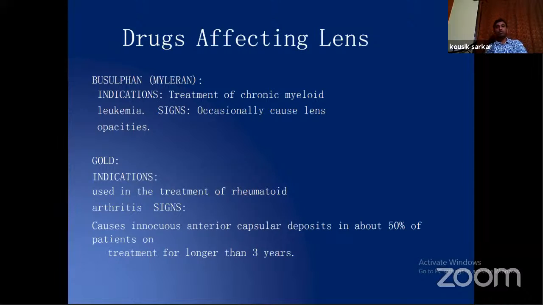Another drug, busulfan, which is indicated in patients with CML, also causes lens opacities. Here, it causes innocuous anterior capsular deposits in about 50% of patients in whom the drug is continued for longer than a 3 year period.